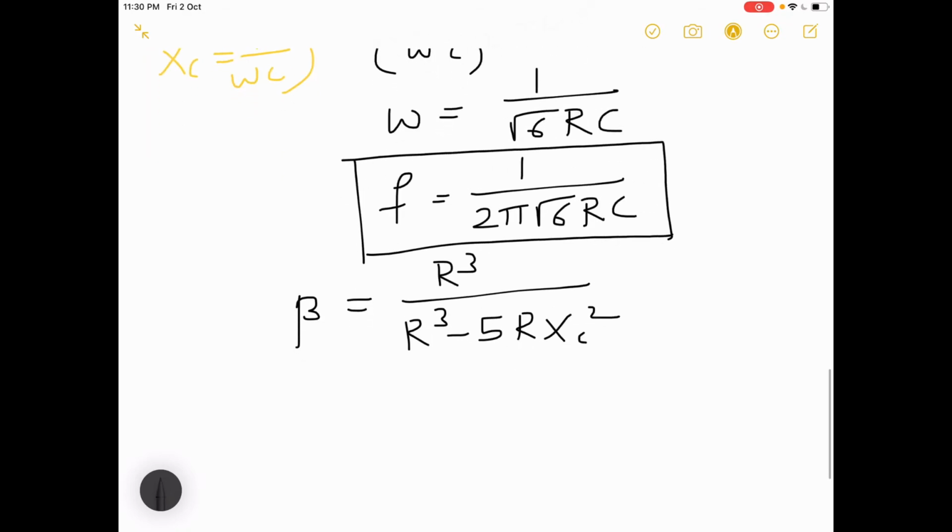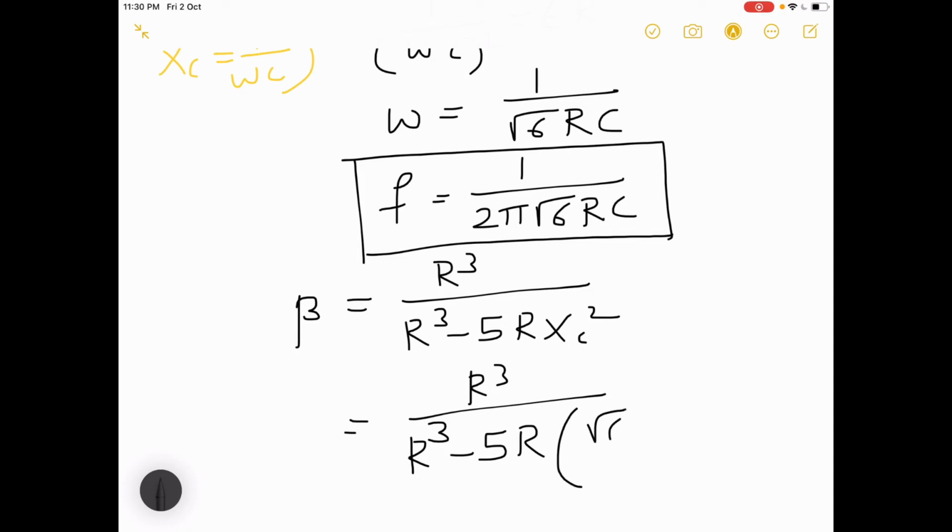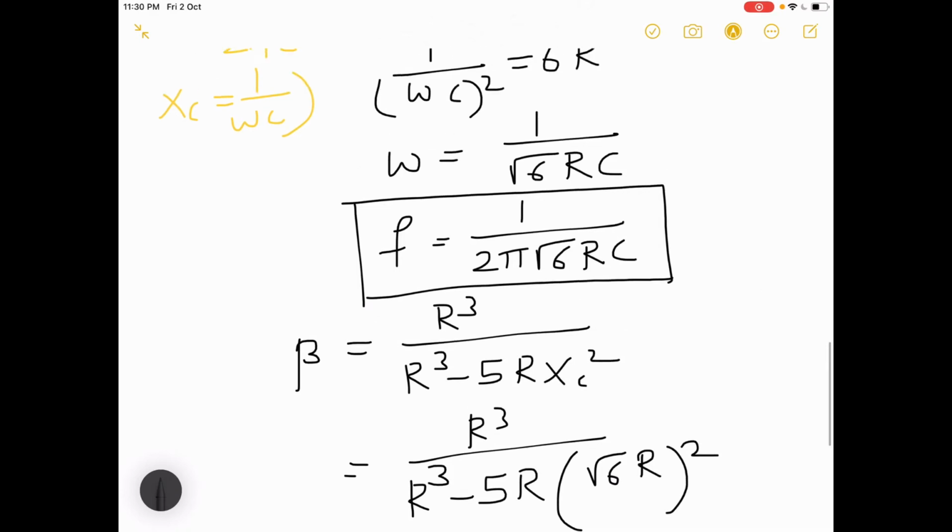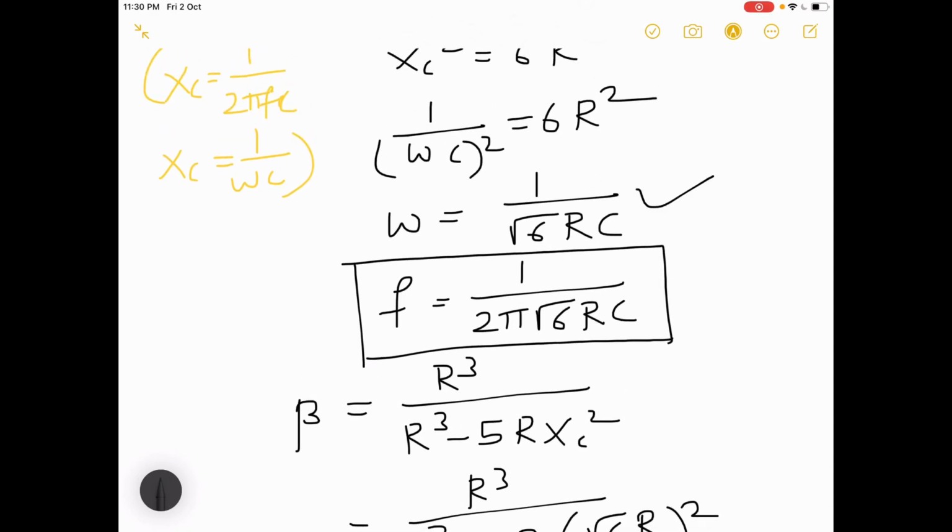We will solve this in more steps. So R cube minus 5R, Xc I can put here as root 6R, then bracket square. How does root 6R come here? From this equation I have derived root 6R.